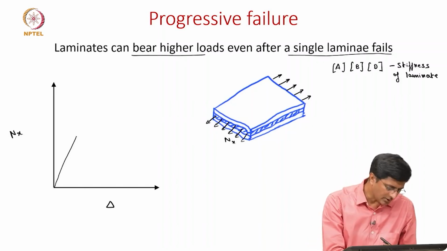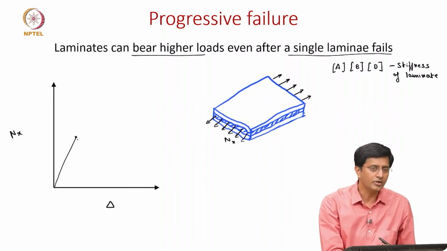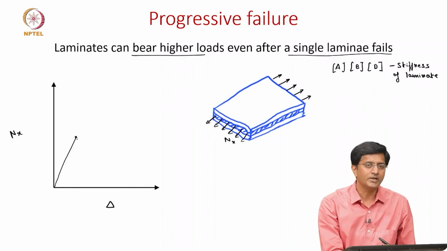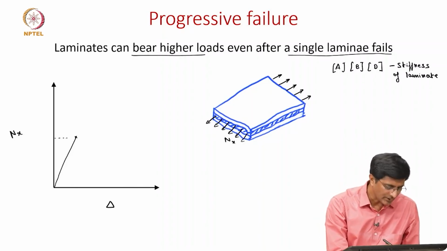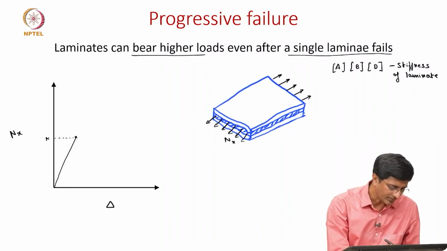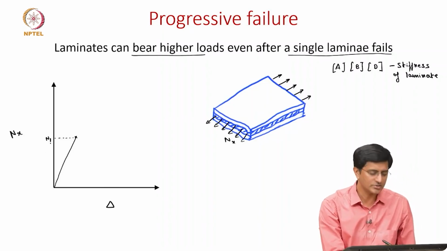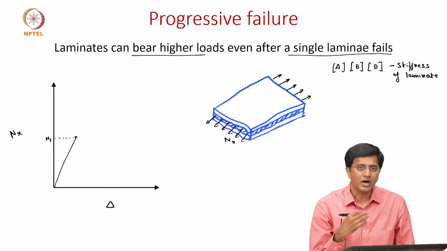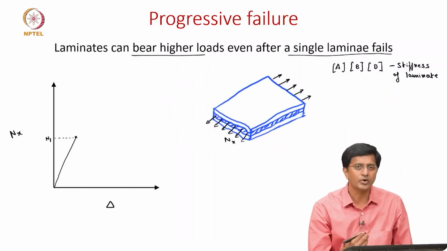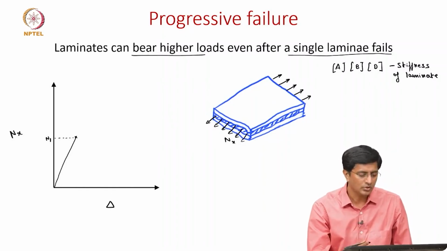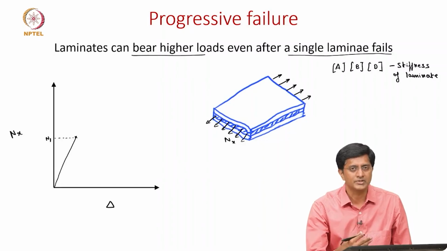So let's say this is the corresponding load at which the first ply fails. Let's say this is N1, meaning the corresponding Nx value at which the first ply fails. After that, what happens is what we are more interested in. So what do you think happens?